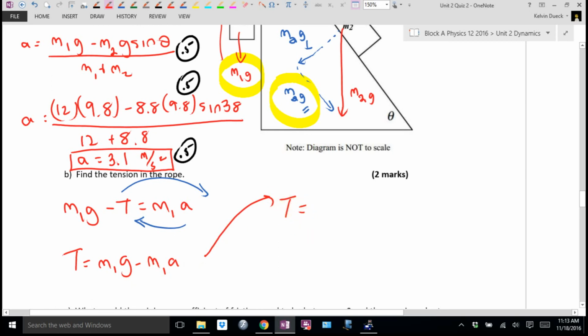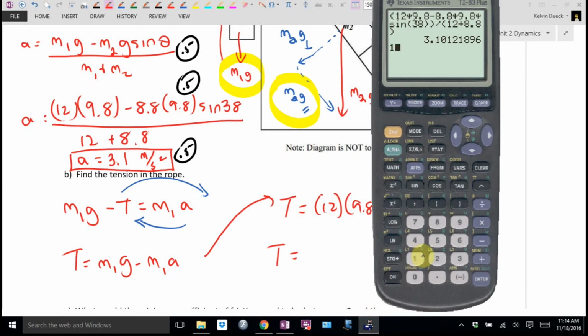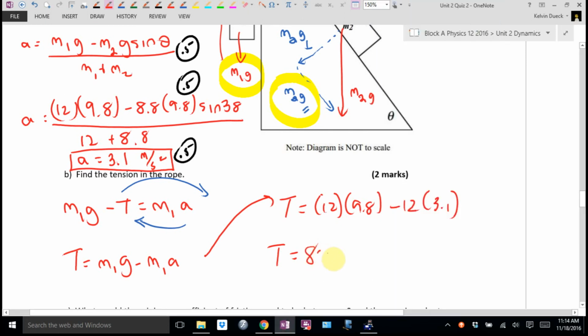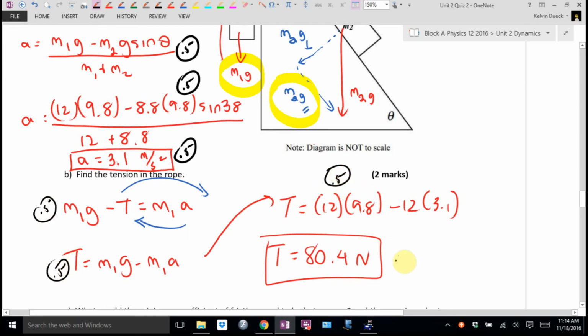Tension is going to be 12 times 9.8 minus 12 times the answer, 80.4? Yes, yep, newtons. 2 marks. Otherwise, half mark, half mark, half mark, half mark.